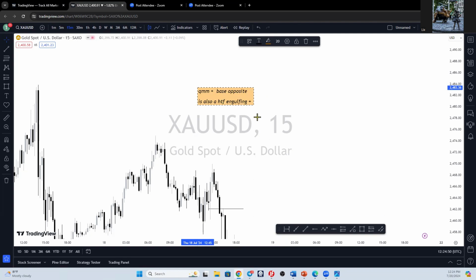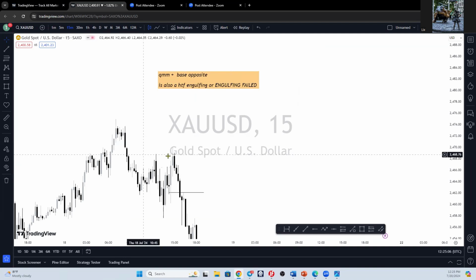You have a higher time frame engulfing, or engulfing failed. Why engulfing failed? Because the previous engulfing had been broken.